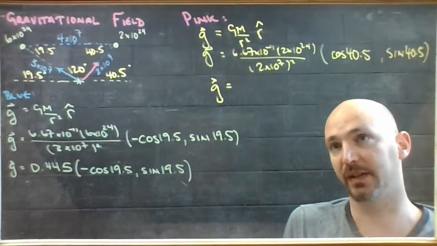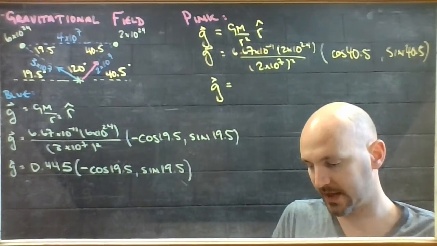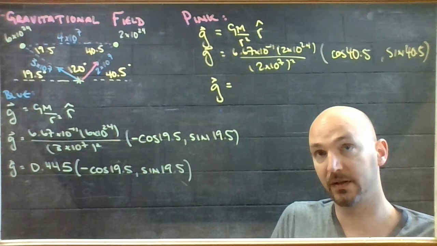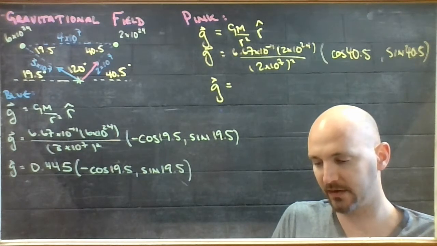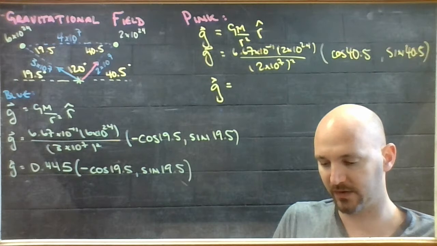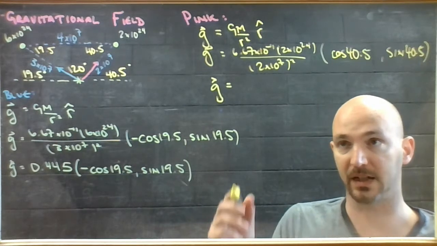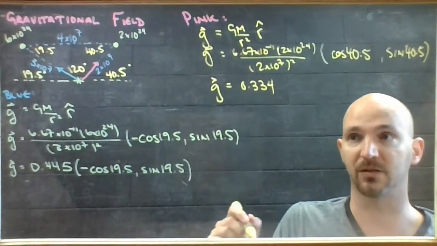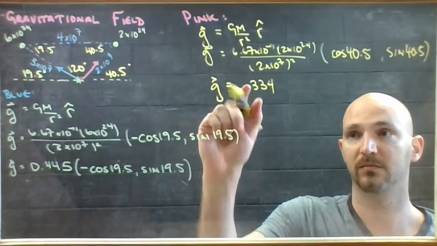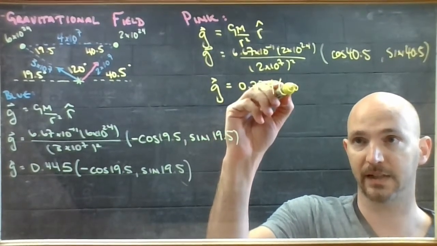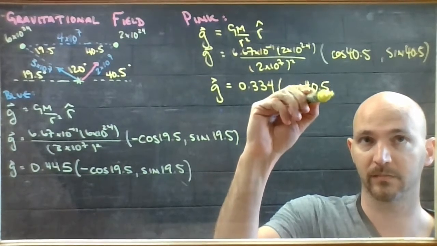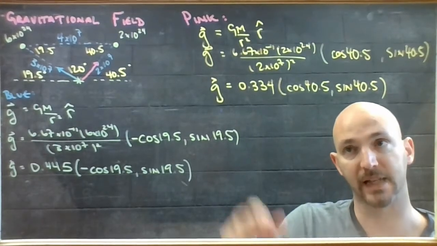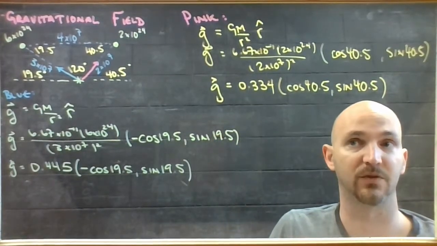My gravitational field then will be 6.67 times 10 to the negative 11 multiplied by 2 times 10 to the 24 divided by 2 times 10 to the 7 squared, which gives me 0.3335, which I will round to 0.334, headed in this direction. So again, provided in that magnitude multiplied by the direction format.